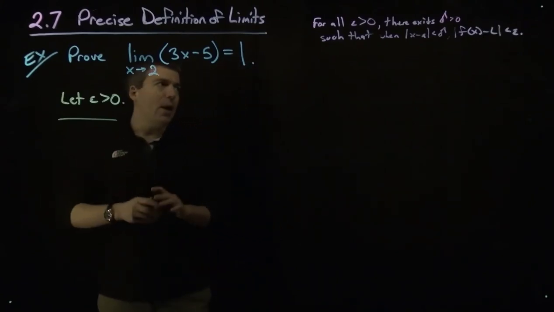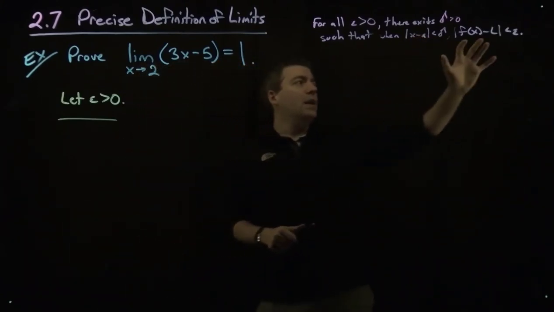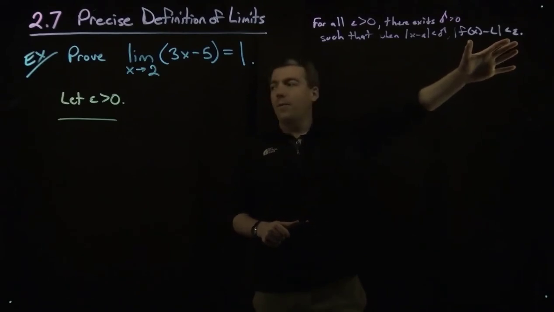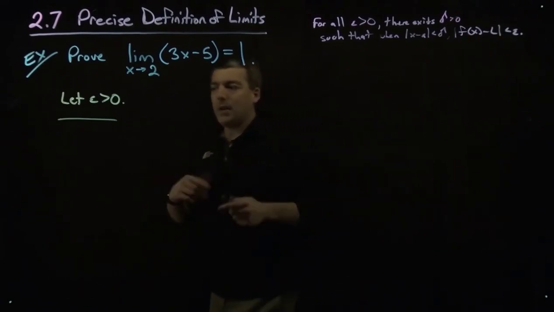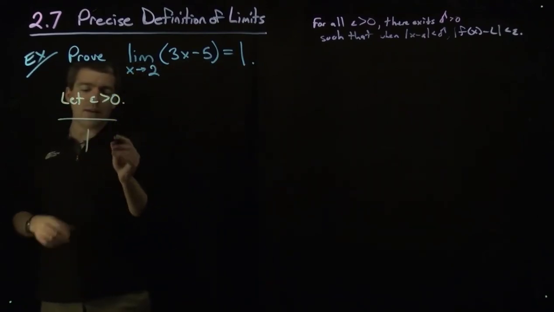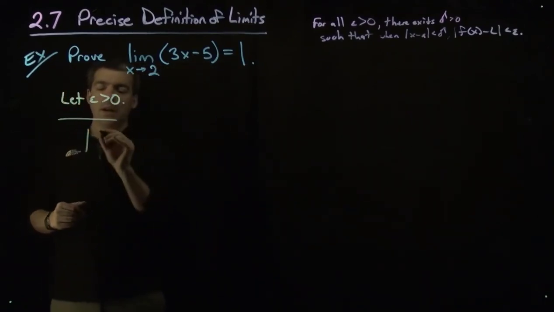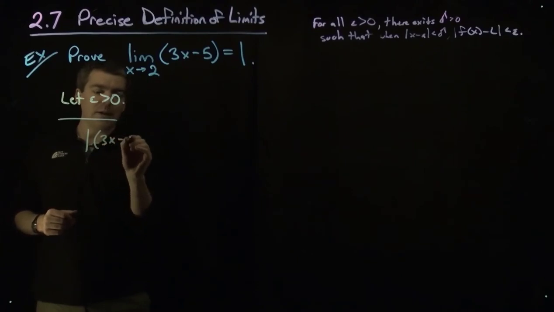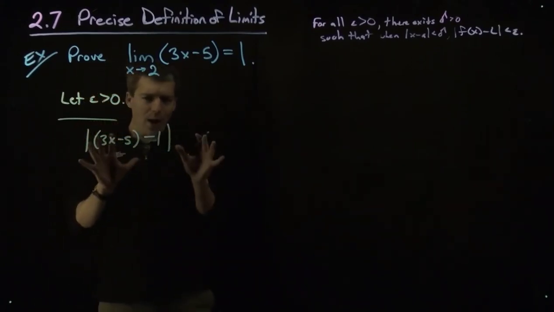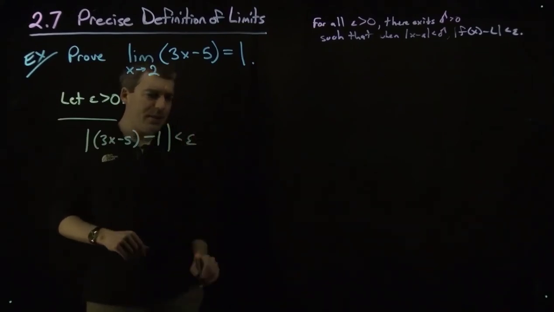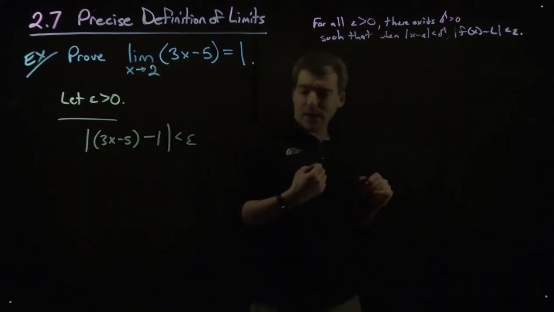So if we think about what we need to have here, we need to have this for that particular epsilon. We know f of x and we know L, so we'll write that down. So we've got this function. It's 3x minus 5. We've got the limit, that's 1. And we want that to be less than epsilon. And now we want to find the delta that corresponds to it.